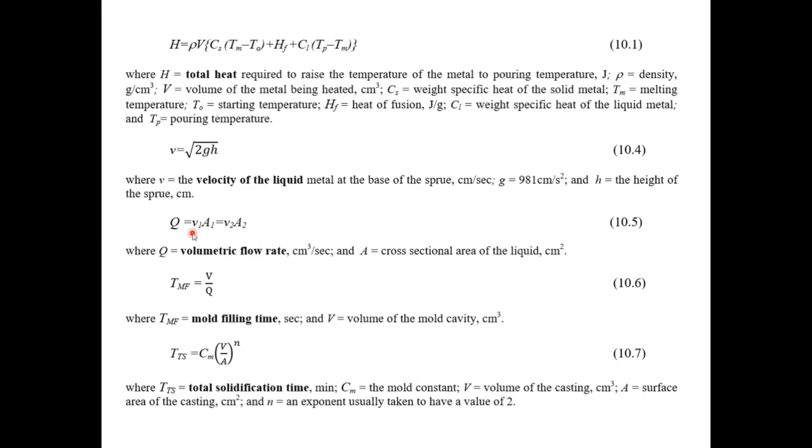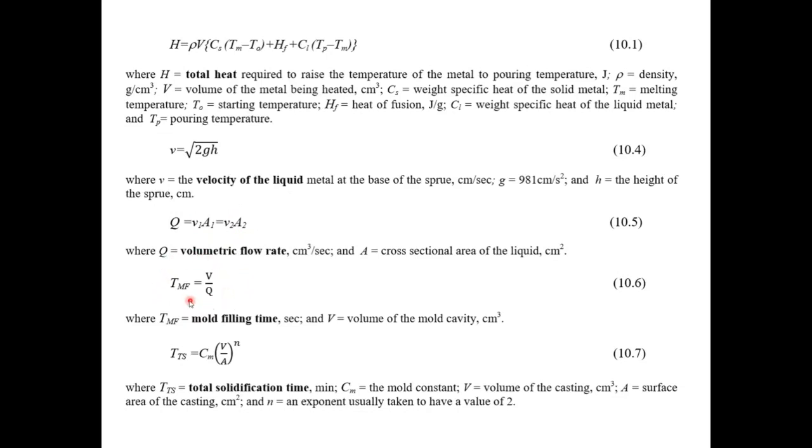If we have the velocity at a certain section and its cross-sectional area, we can easily compute the velocity of the liquid in another section if we know the cross-sectional area of that given section. And this is an equation which is very familiar to those who have done a fluid mechanics unit, which is referred to as Bernoulli's equation.